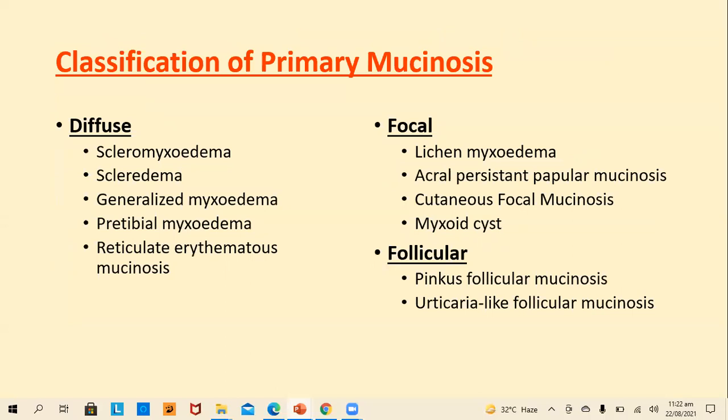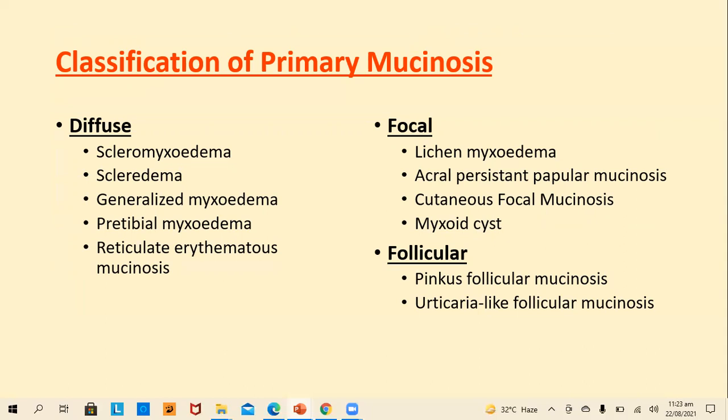Classification of primary mucinosis. The primary mucinosis is further subclassified into diffuse, focal, and follicular mucinosis. Among the diffuse primary mucinoses, the most important is Scleromyxoedema, then Scleredema, generalized myxoedema, pretibial myxoedema, and reticulate erythematous mucinosis.